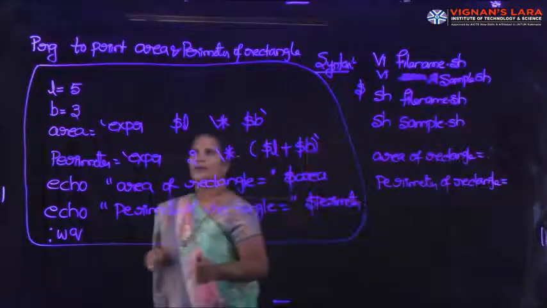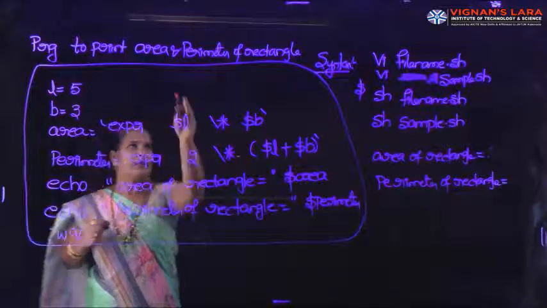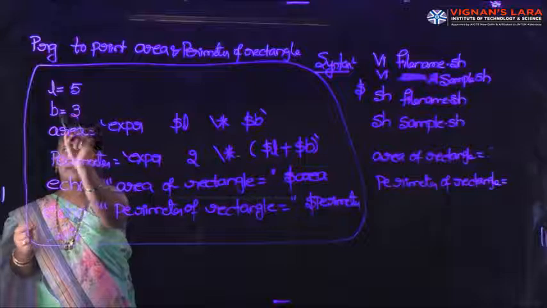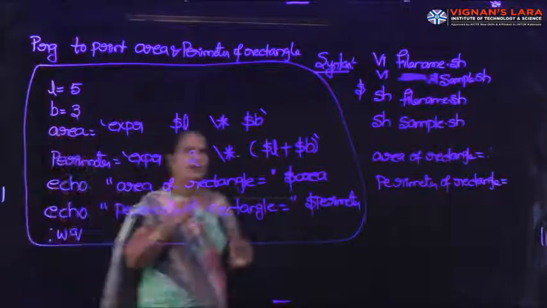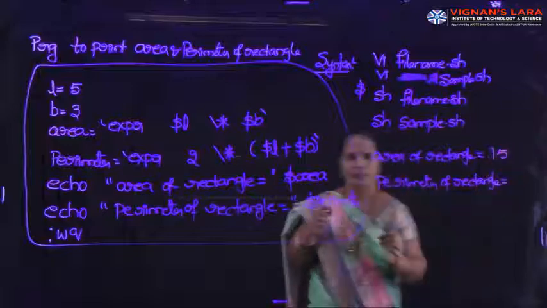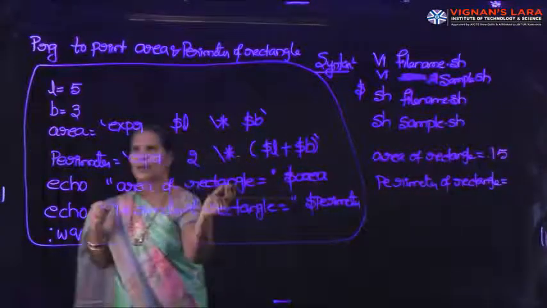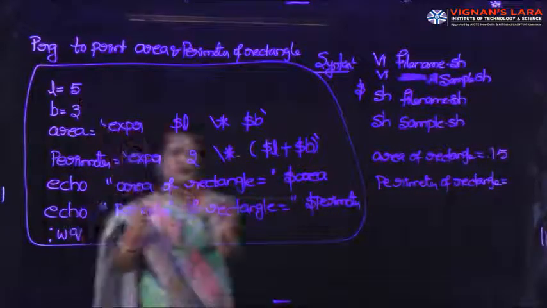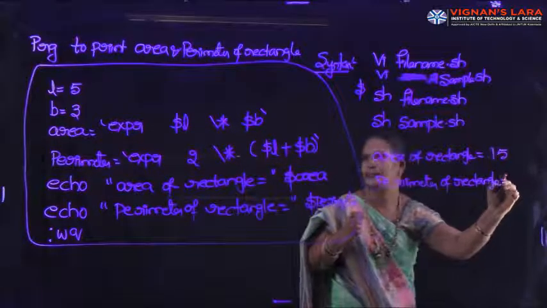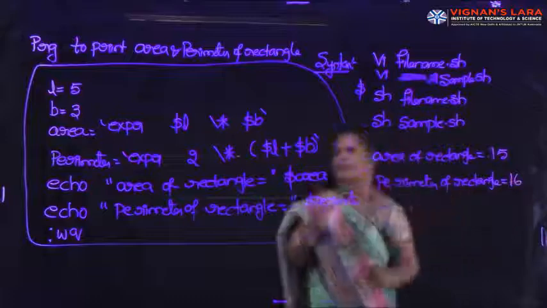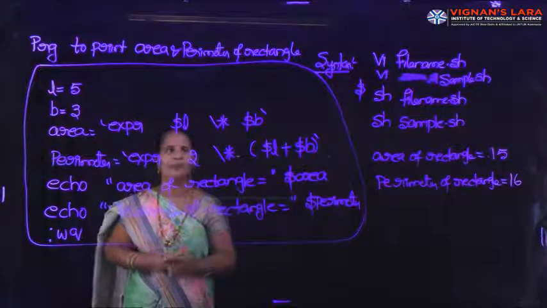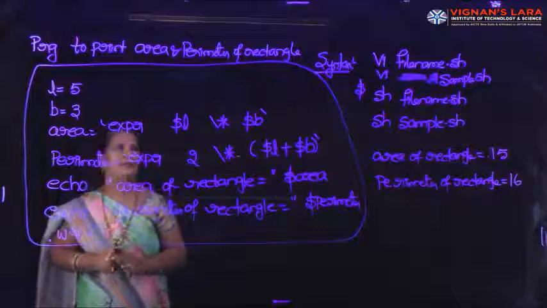Here you are going to perform area and perimeter of rectangle, that's why here I took 5 for length and 3 for breadth. So 5 into 3 is equal to 15. Similarly 2 into L plus B, 5 plus 3 is equal to 8, 8 into 2 is equal to 16. This is about how to perform area and perimeter of a rectangle.